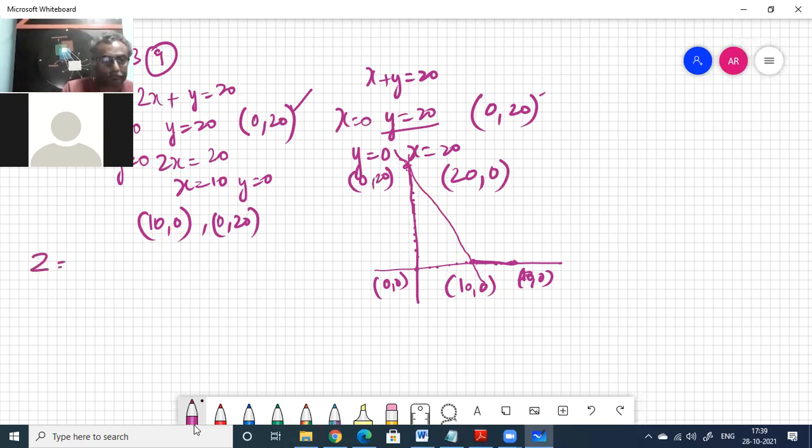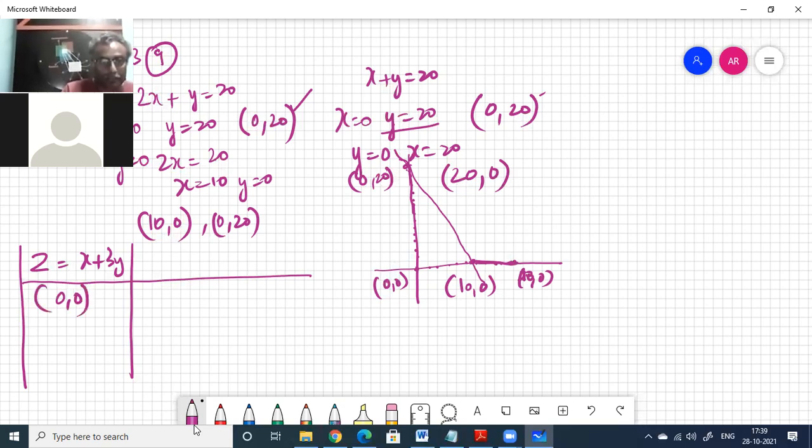Z equal to x plus 3y. Okay, values 0, 0: x plus 3y, 0 plus 3 into 0, that is equal to 0 only.